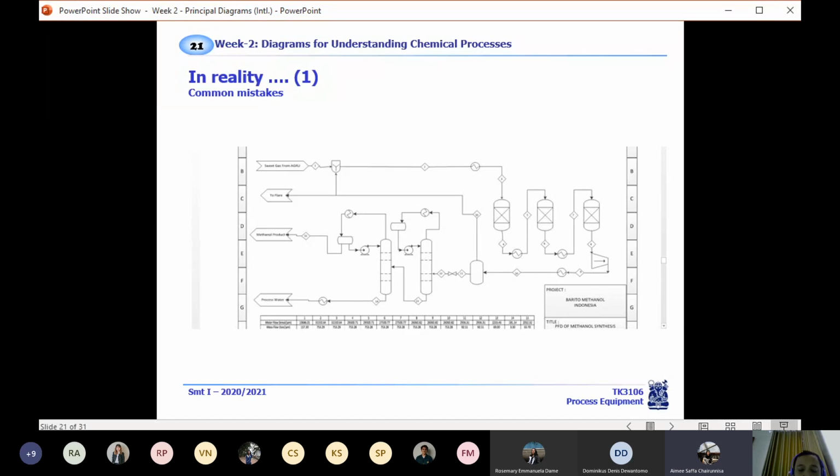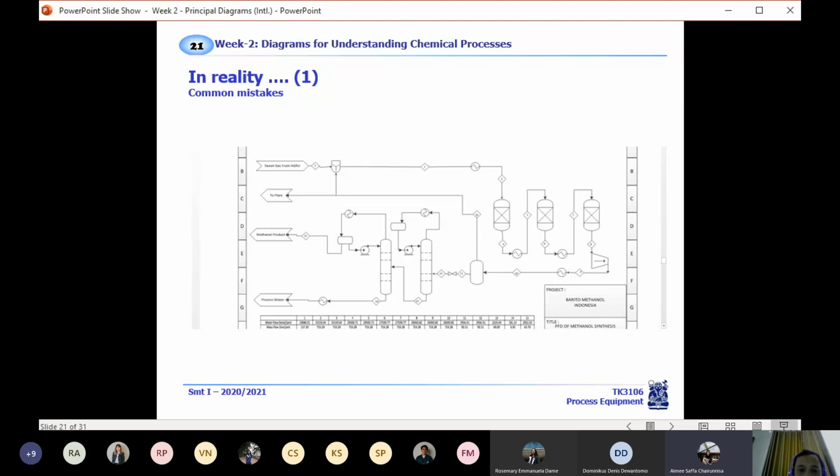I think the block diagram for sweet gas from AGRU to flare, methanol product, process water is wrong, sir. What is the problem, the mistake? The diagram is wrong.